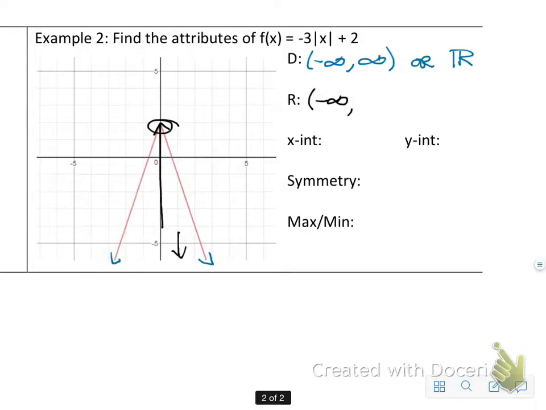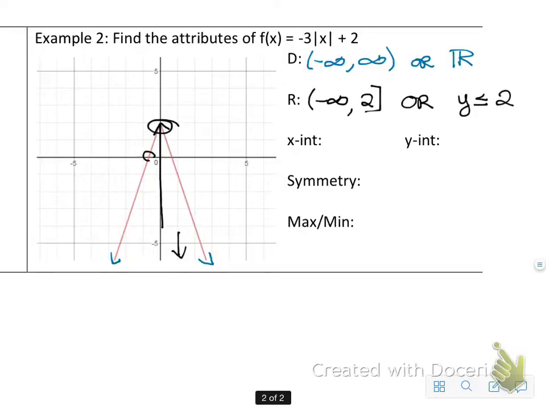So it goes until you get to 2. And that 2 is in fact included. So you could also write that in the same way I wrote the other one, as y less than or equal to 2. And the reason it's less than or equal to 2 instead of greater than is because everything's below 2. If it were greater than, you'd be making the v go up. But instead it's like a pyramid. It's going to go down.